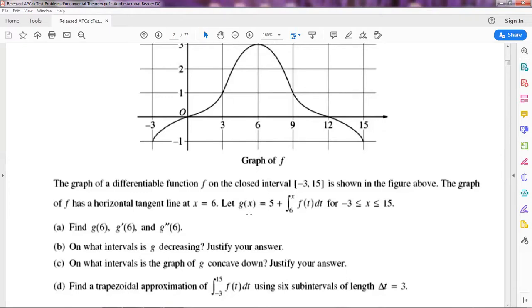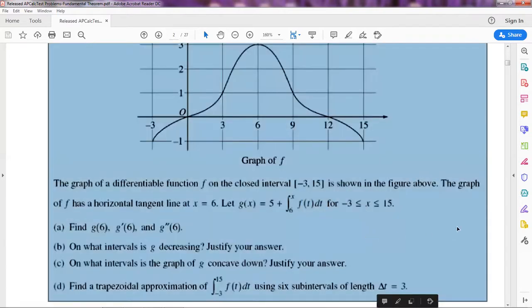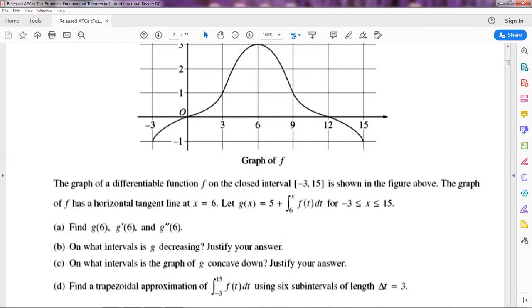Then you define another function using this one, for x from negative 3 to 15. In the integral, the variable changes: f(t) dt. This is a function of x, but you put the x in the limit of integration, and the variable in the integral is different. So it's just formalism, but it's the same.